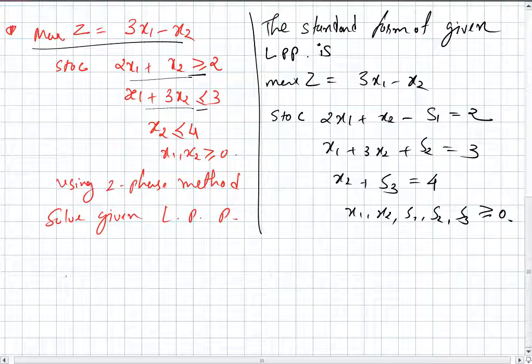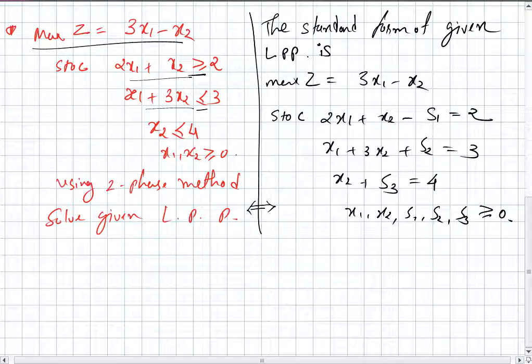We have already seen this problem using the Big-M method, and you can solve this by the graphical method also, but since we are in the two-phase method, we introduce the artificial variable.